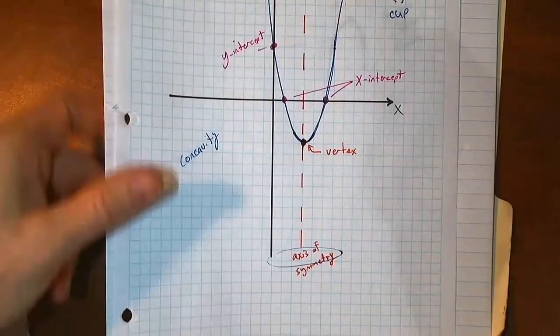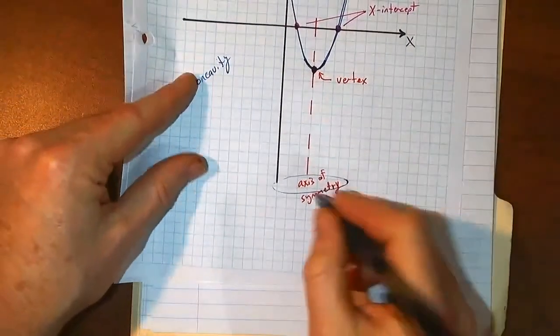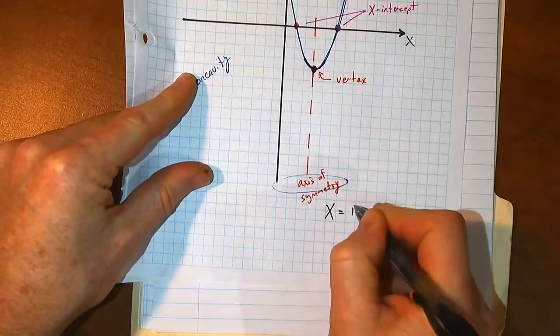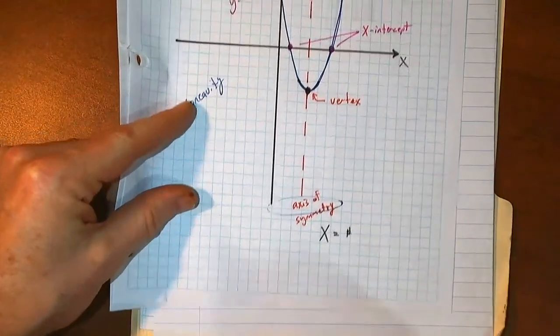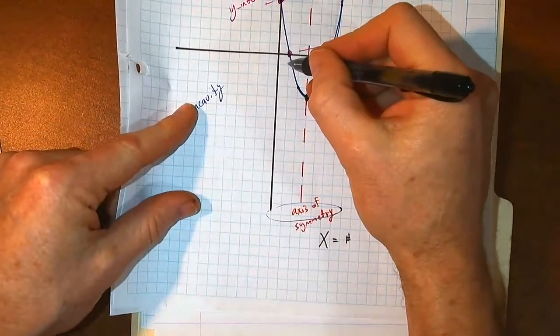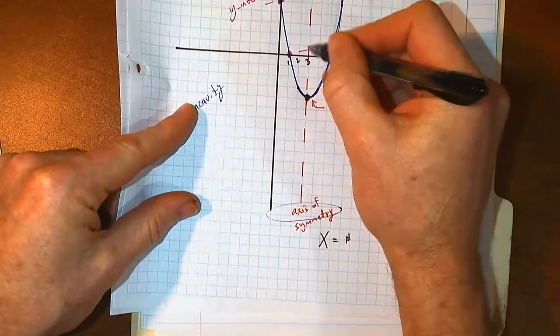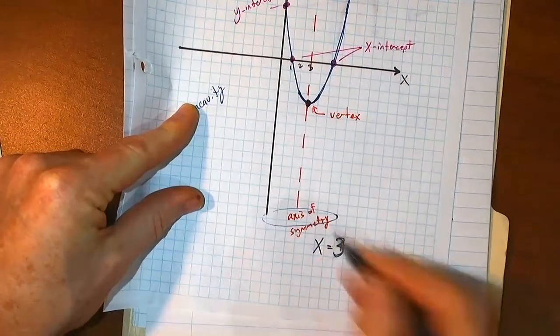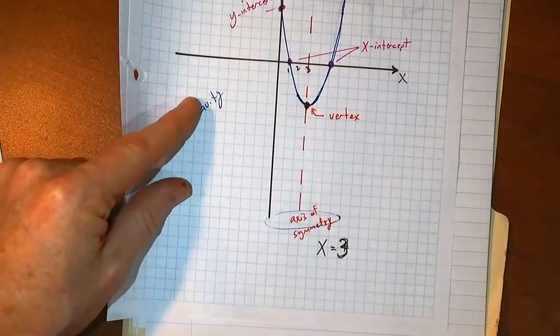Hopefully you remembered that vertical lines always take the form x equals some number. In this case, my vertical line is 1, 2, 3 units over. So that particular axis of symmetry would be x equals 3. That's what it would look like.